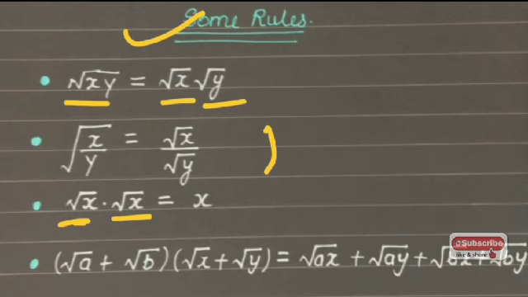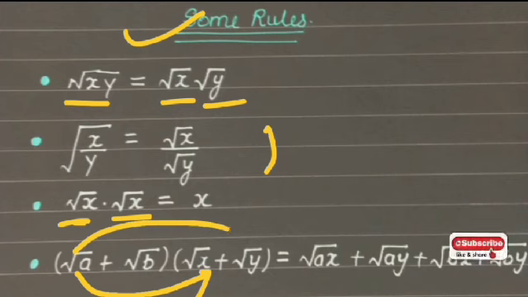This root a plus root b when multiplied by root x plus root y, what will happen? This root a first multiplies root x, and then secondly it multiplies root y. So what is happening? Root ax plus root ay.